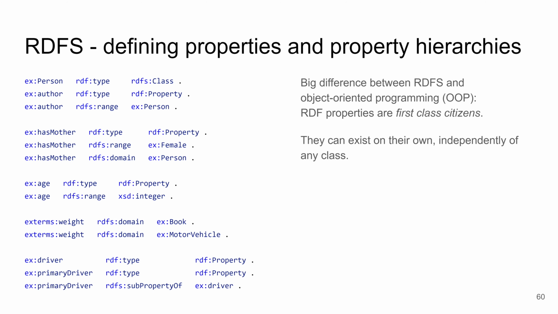And with properties as well as classes, we can have hierarchies. So we can have a driver, which is a property. We can have a primary driver, which is also a property.